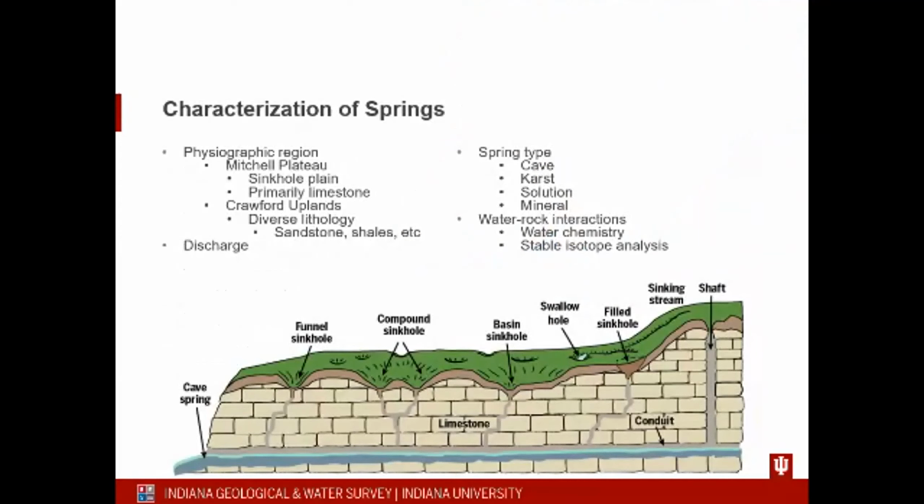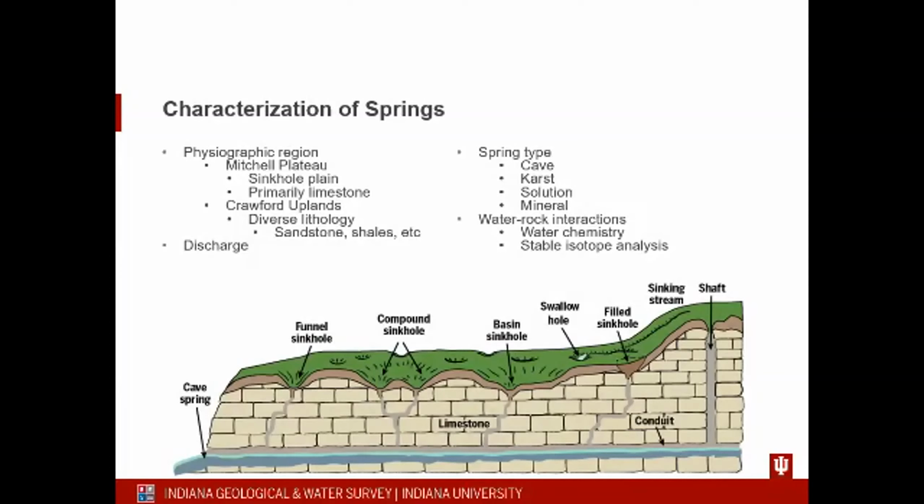As the title of the presentation suggests, we're characterizing these springs in several different ways. One of the ways we're going to particularly focus on in this presentation lies at the spatial scale. The SWCI region can be split up into several different physiographic provinces based on their underlying geology and biogeochemical properties.